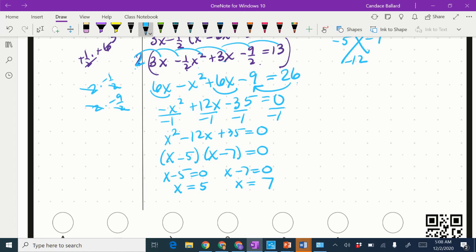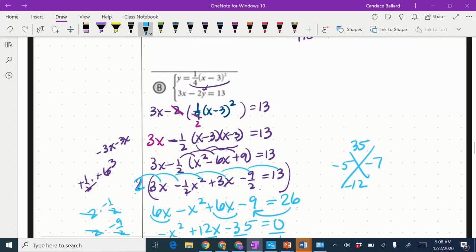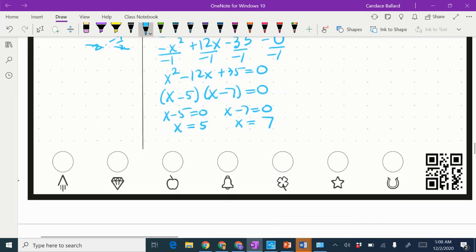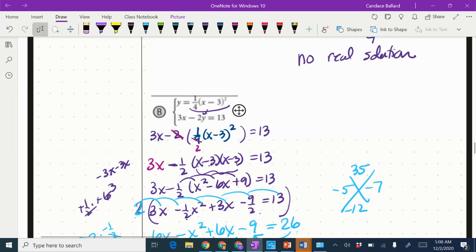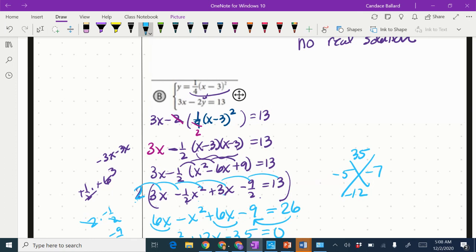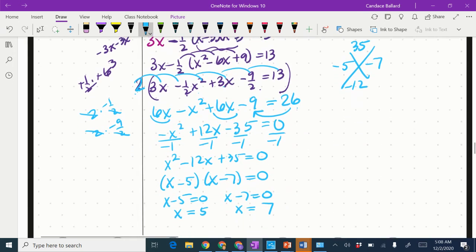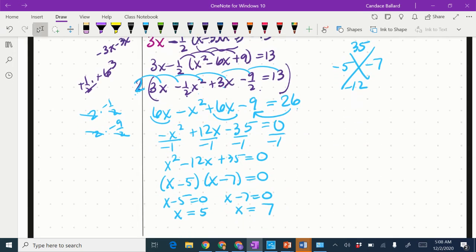Now, I'm supposed to be solving a system, which means if I have an x value, I also have a y value. So I need to plug these into one of these equations up here and solve it. I'm not sure which one's better, so I'm going to use this one just because there's no fractions. And I'm going to have 2 points because remember we could intersect in 0, 1, or 2 places.